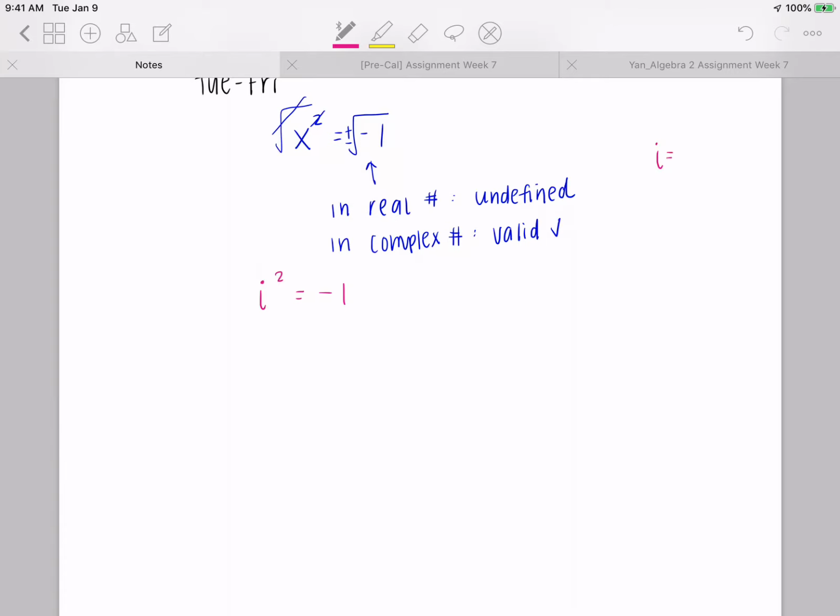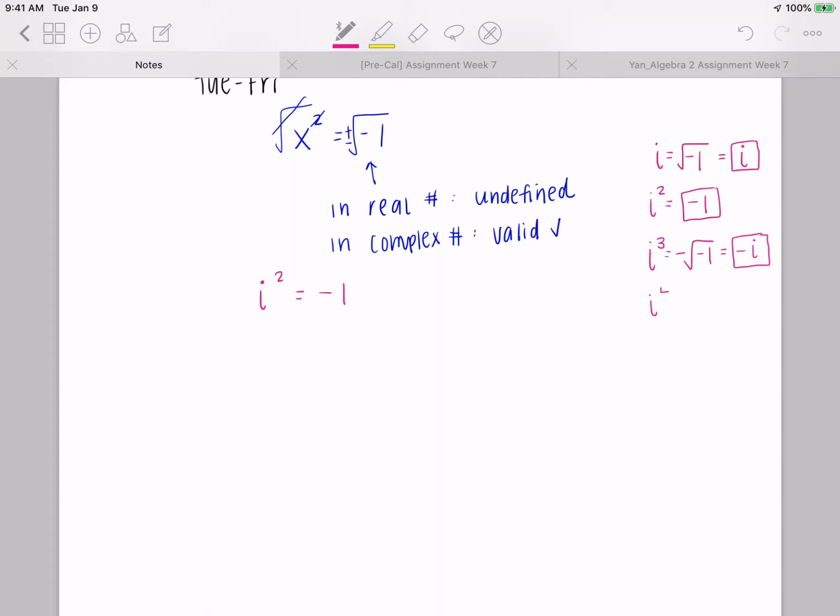Remember, i equals square root of -1, but most of the time we just refer to i. We don't really use square root of -1. If we have i squared, that equals -1. I to the third power is the negative of square root of -1, but we write it as -i.